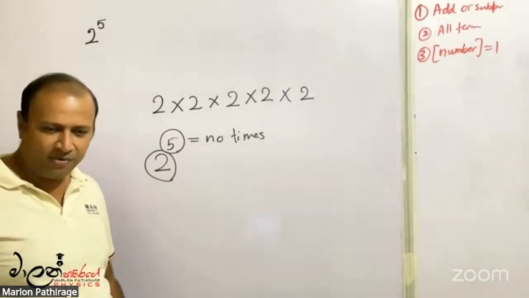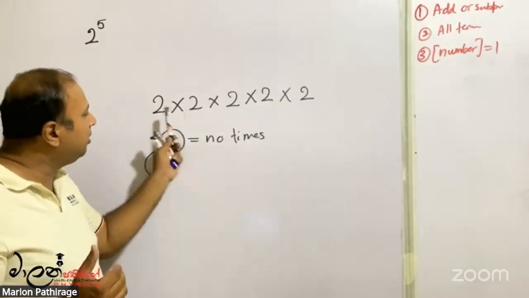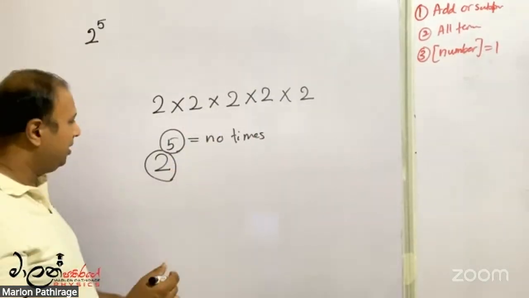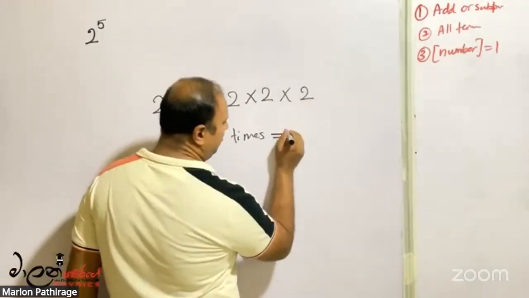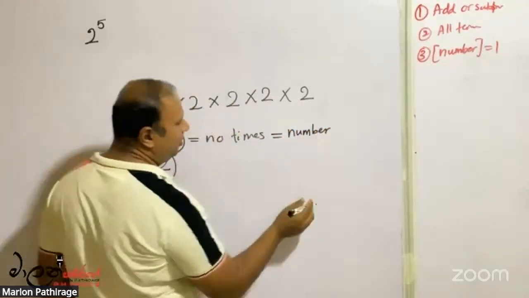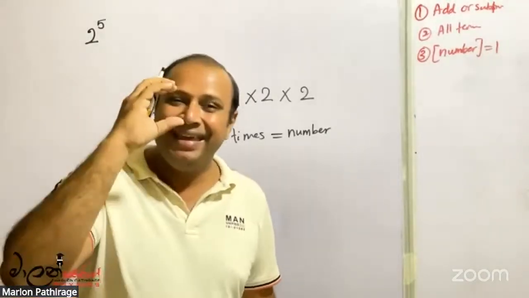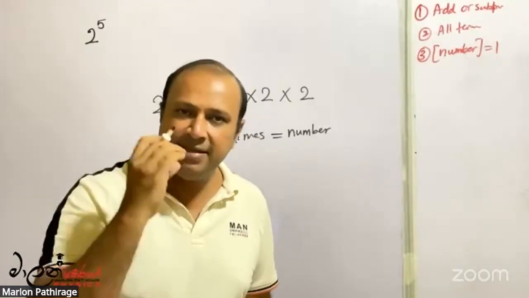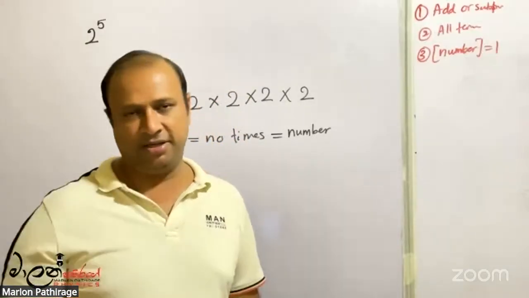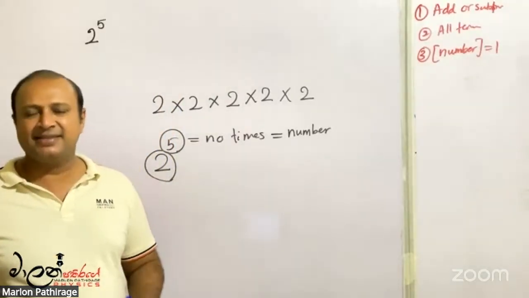Therefore, the index is equal to the number of times. The number of times is a number. It is not just a word, it is a number. Therefore, if there is an index, it means it is a number. Index is a number.